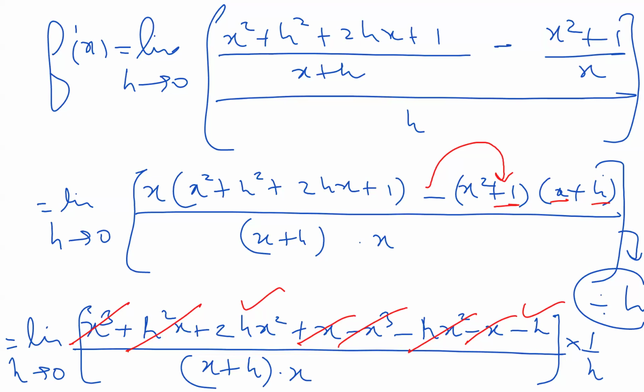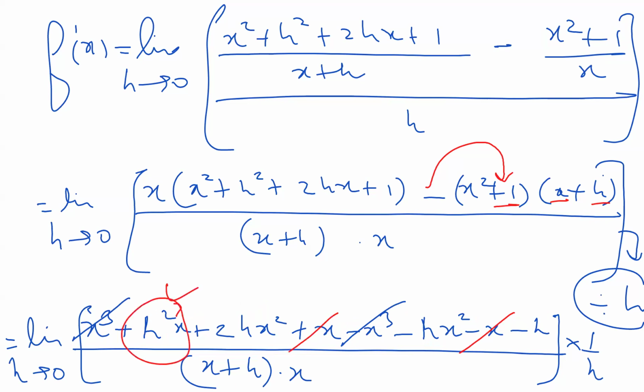So I'll just cancel out these cancellations and redo this. Okay. So see, x cube and x cube is gone, minus x cube, this is gone, right? Then this x and this x is gone.